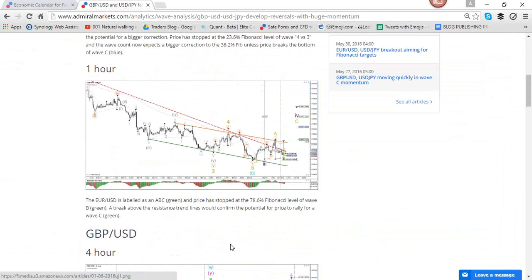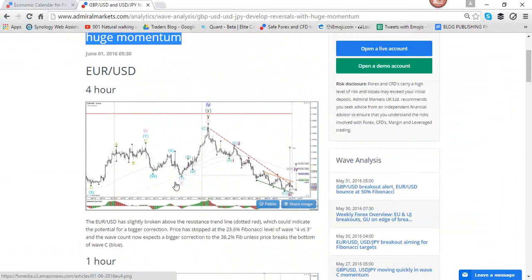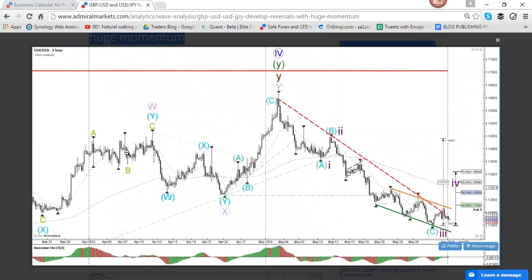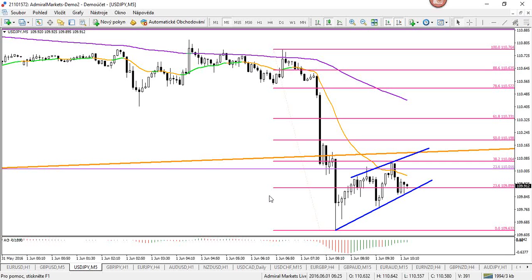But wave analysis, what it does is basically look at impulse and correction, and it labels that. So if you look at momentum and correction, if you're a trader that uses chart patterns, for instance, bear flags, head and shoulders patterns, if you're a trader that looks at momentum, looks at candles and says, "Oh, that's strong momentum here," right?